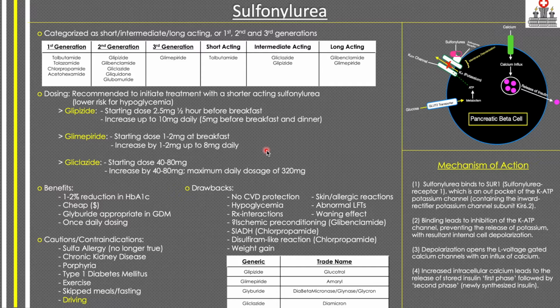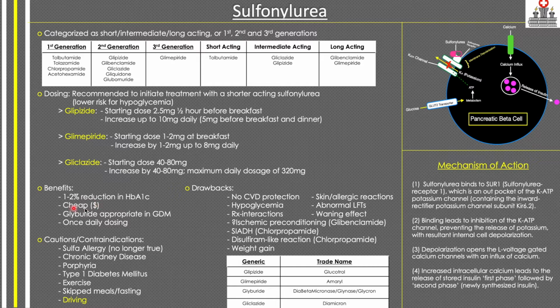What's beneficial about these medications is that it is once a day dosing, which is very likely to improve compliance in such patients. It also leads to a substantial reduction in A1C, 1 to 2%, as we've said over and over again. Most medications will not go beyond this except for insulin and possibly the glucagon-like peptide 1 receptor agonists.